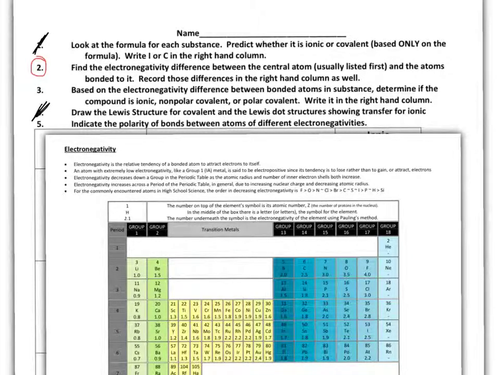What you're going to do is use these numbers in the periodic table down here, look at the differences in electronegativities between the central atom and the atoms bonded to it, and record those differences, okay? All it is is a little addition and subtraction and reading this table here.